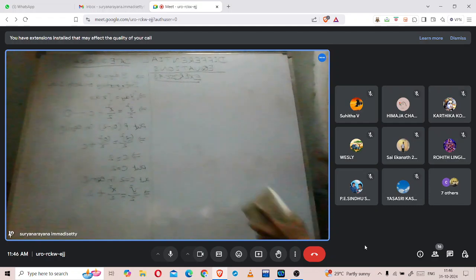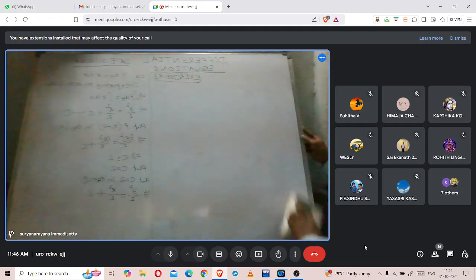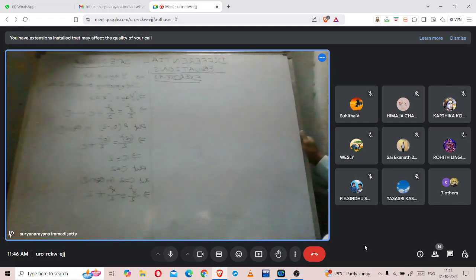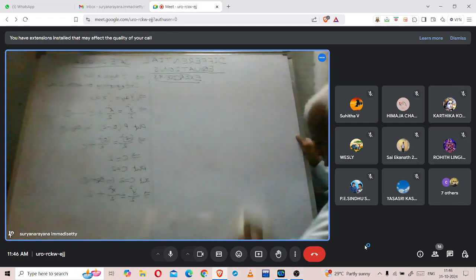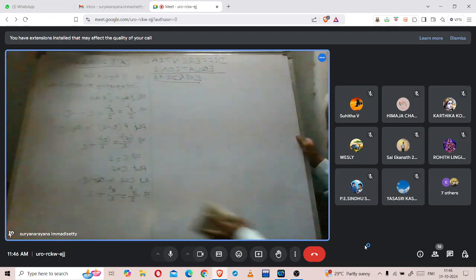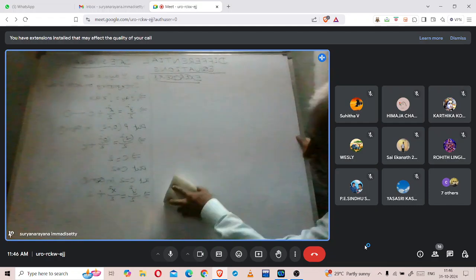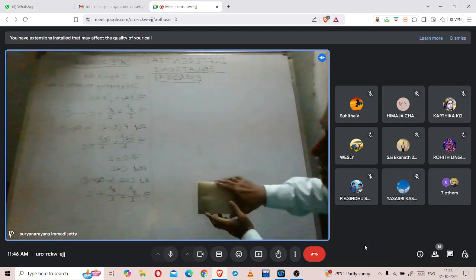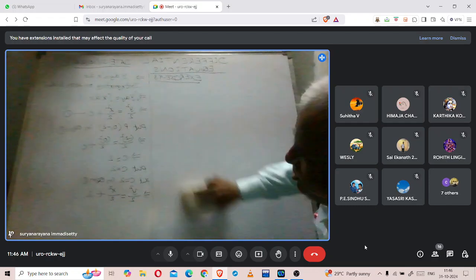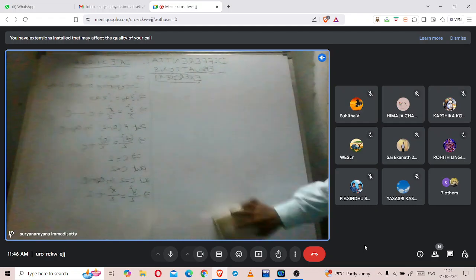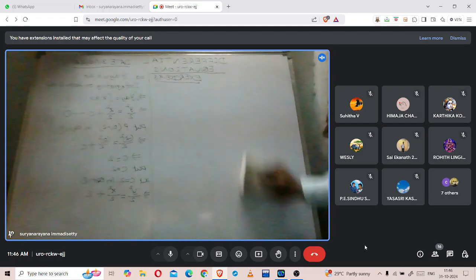See the question number 18. Just for question number 18, I will write a differential equation. Thereafter, you solve the differential equation by separating the variables method only.